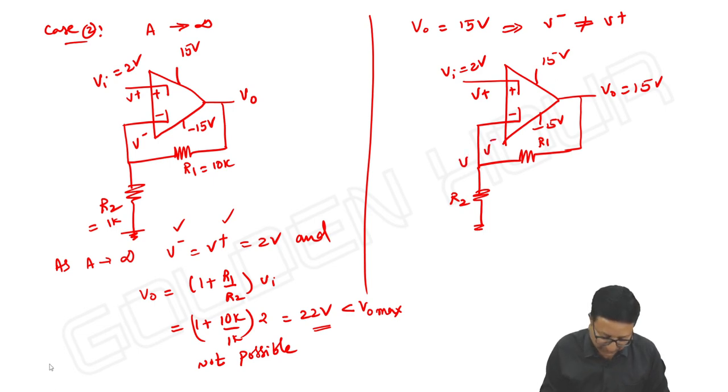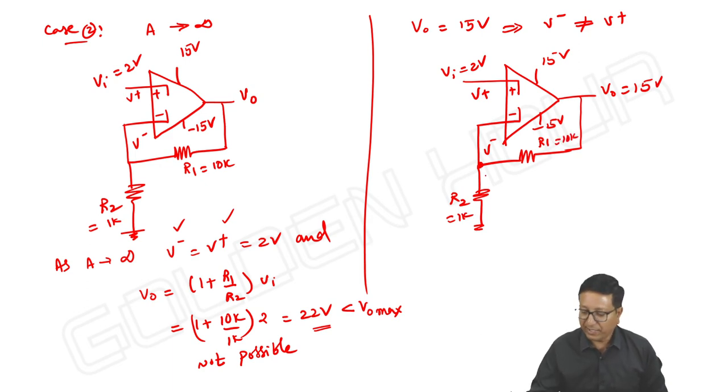V minus value I want to find. For finding V minus, what can we do? Apply KCL at the inverting input terminal only. Here, what is the value of R1? It is 10K, R2 it is 1K. So apply KCL at the inverting input terminal.